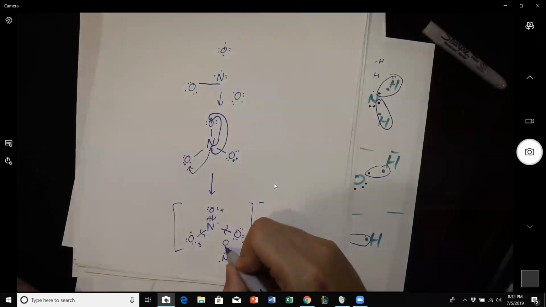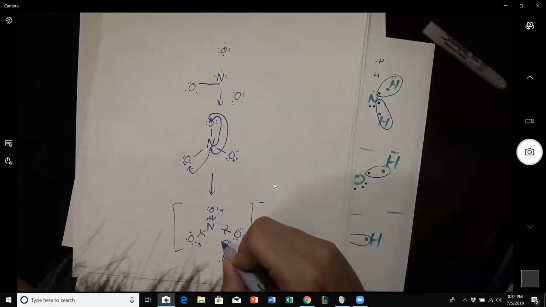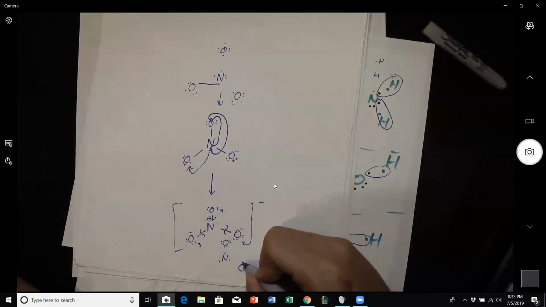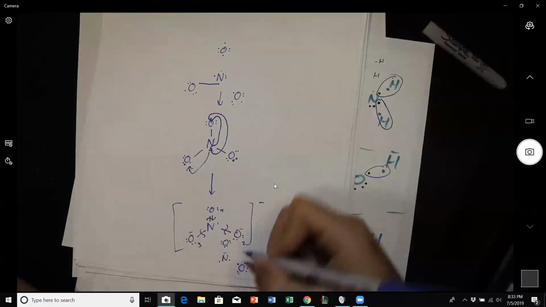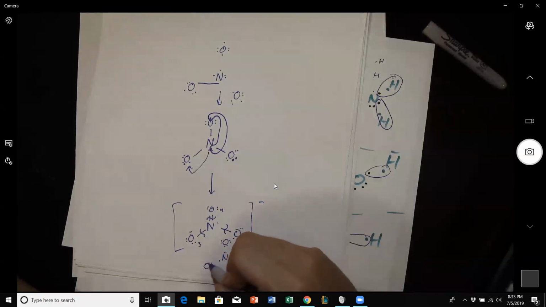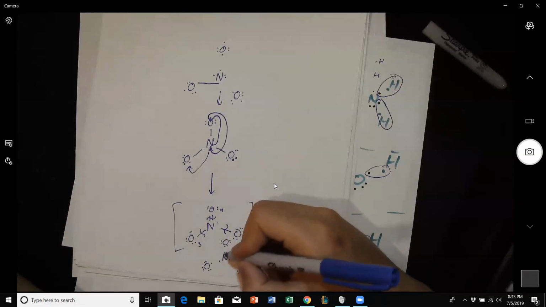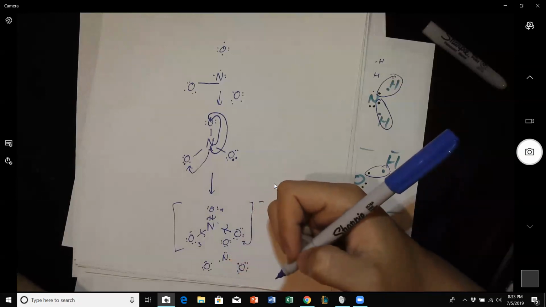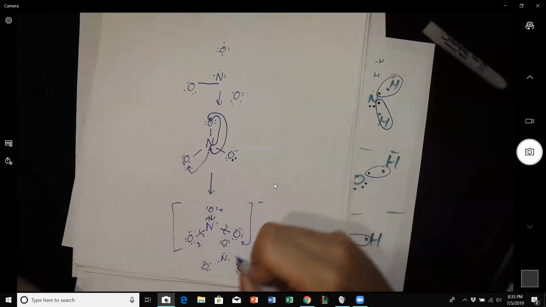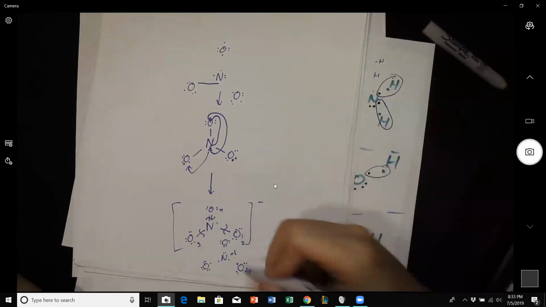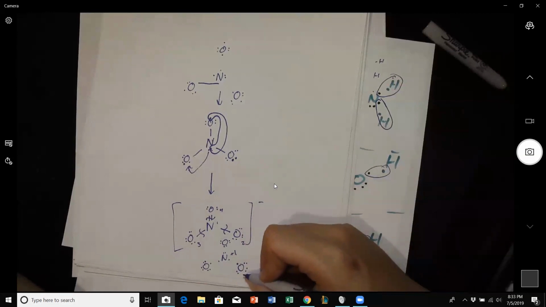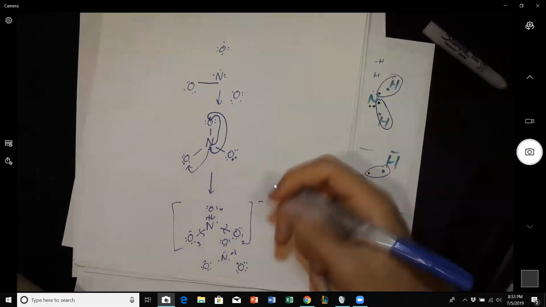And then I'll just draw the rest too. Does everyone see how we got that? So now this has 4 electrons, and a neutral nitrogen atom has 5 valence electrons, so this is +1. And then a neutral oxygen atom, so can someone tell me what the charges on the other atoms are?